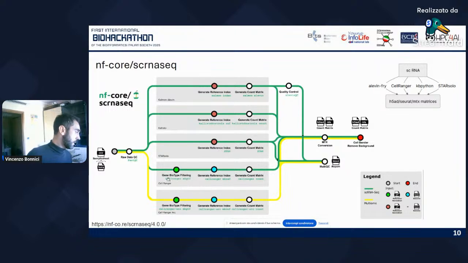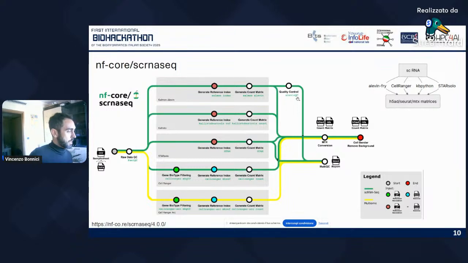In addition, Cell Ranger also provides something for multi-omic analysis, which here is highlighted in yellow. For example, as Ramona told before, we can run on the same experiment and extract not only transcriptome information, but also any other kind of biological information, for example chromatin information, and so on and so forth, and you can combine it if the tool allows you to do it.